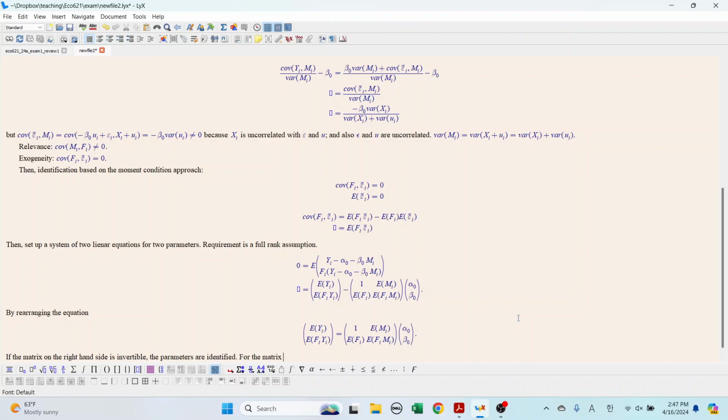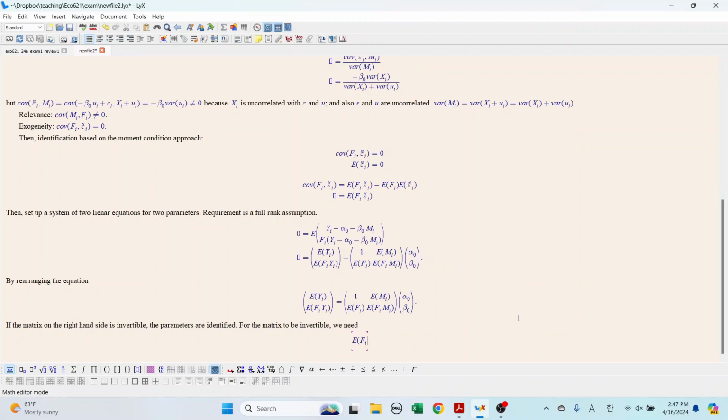For the matrix to be invertible, we need the determinant, which is this, to be non-zero, which is equivalent to the following condition.